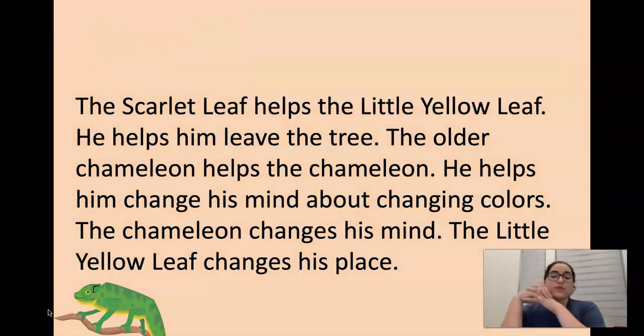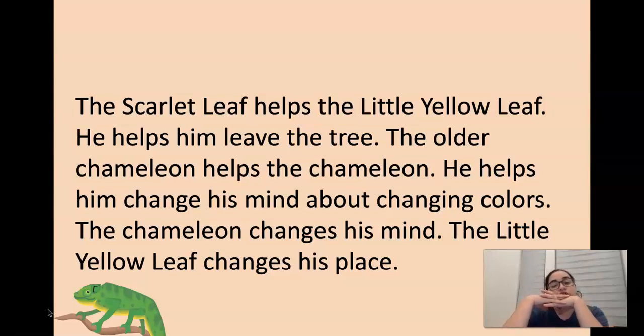And on this one, I'm going to give you a few seconds for you to determine the sentences, and then you can create your conjunctions, okay? So you're going to see basically where you can combine those complete sentences with a conjunction. And it says, the scarlet leaf helps the little yellow leaf.